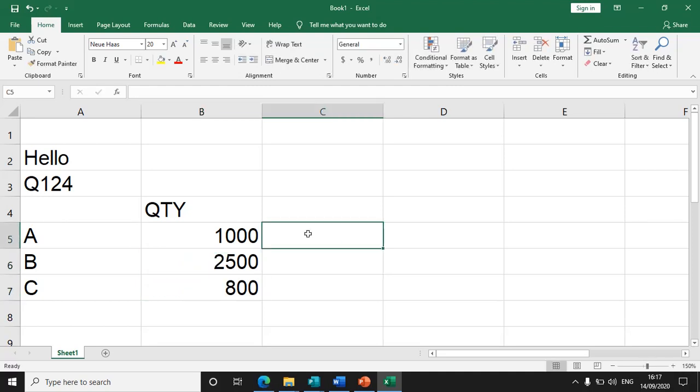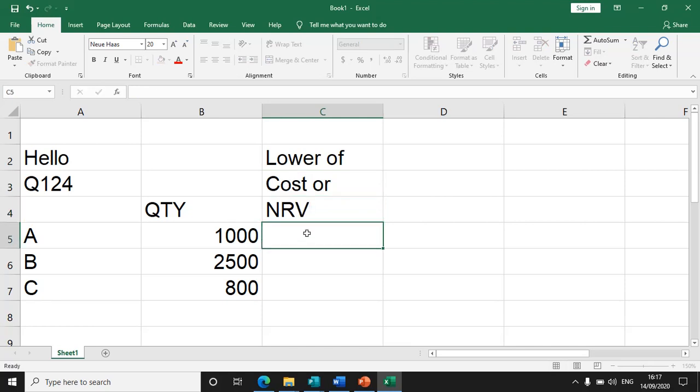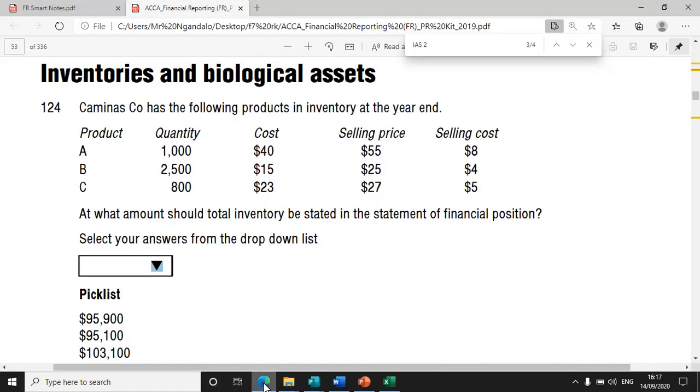Great. So now my job is to pick. I go for the lower of. Please remember what we had discussed. Stock must be valued at lower of cost or NRV. So I'll be comparing, and that will inform which figure I pick. So let's check.